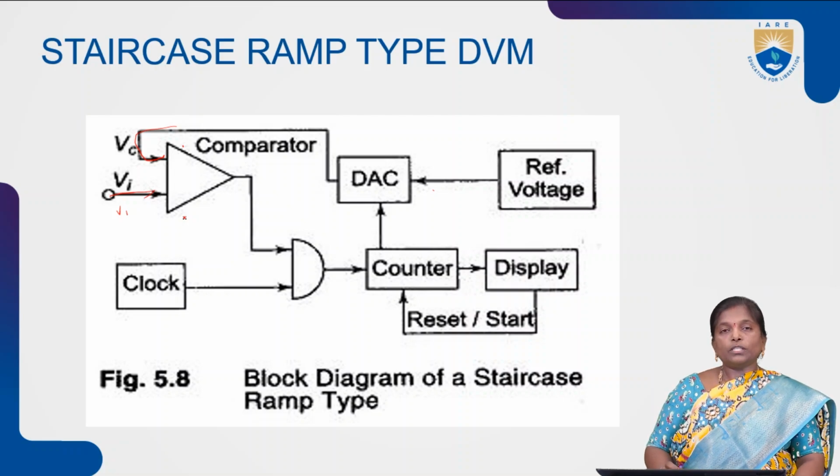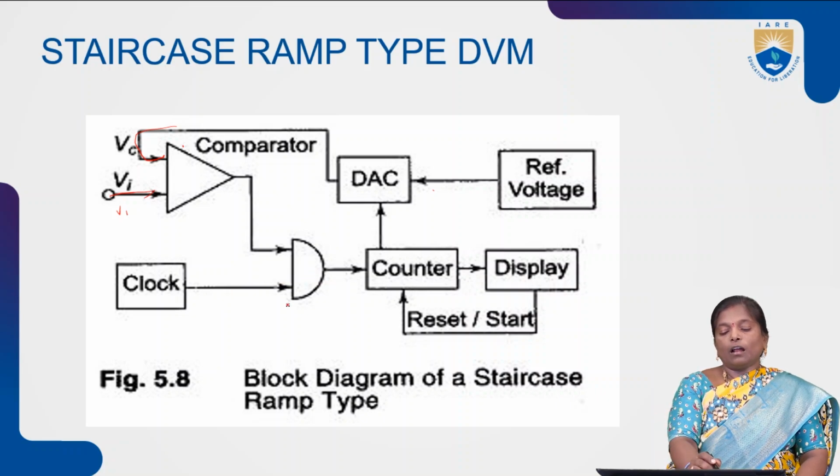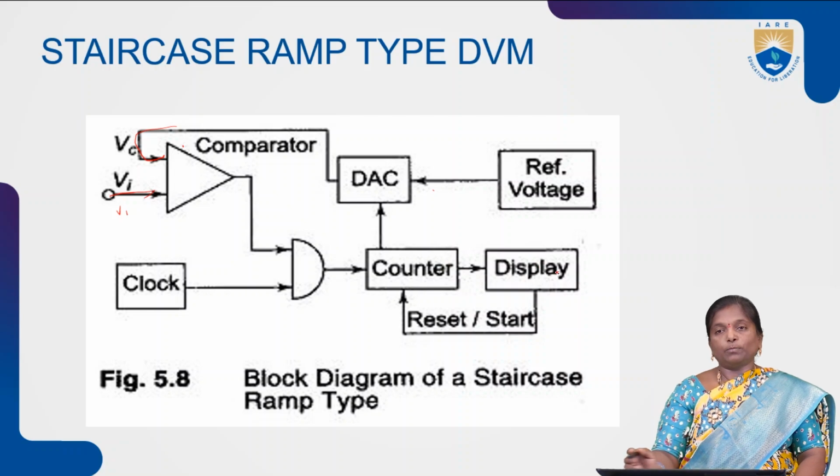Whenever both the inputs are the same, the gate will be opened and the clock pulses will pass through the gate. The number of clock pulses passing through the gate will be counted by the counter, and finally that is displayed on the display unit.